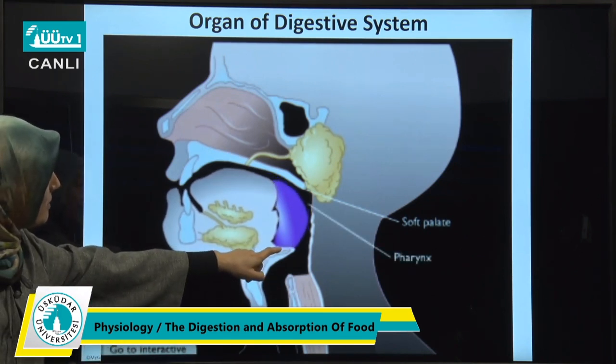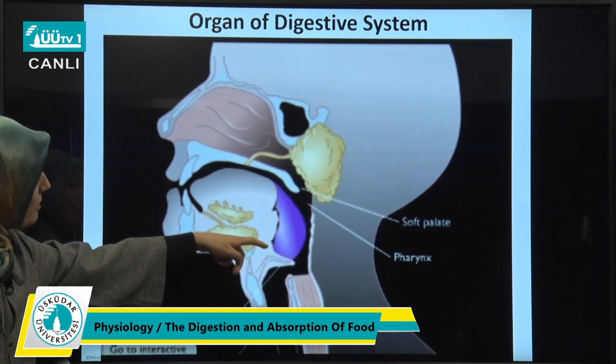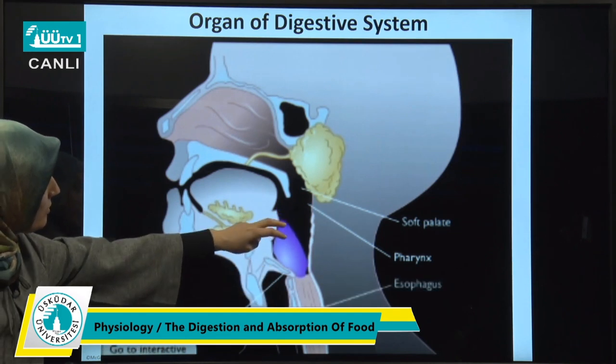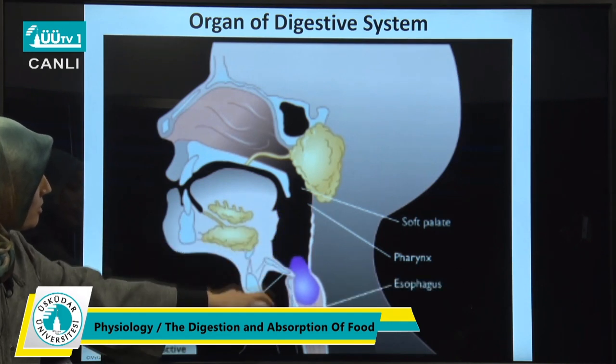So this is the epiglottis, which is the gateway between the digestive system and respiratory system, and food cannot enter into the respiratory system.